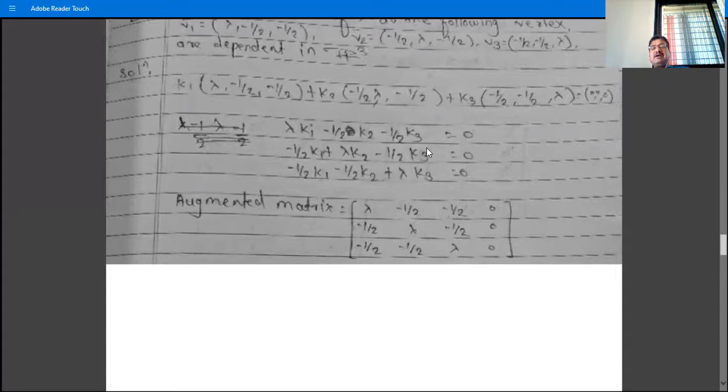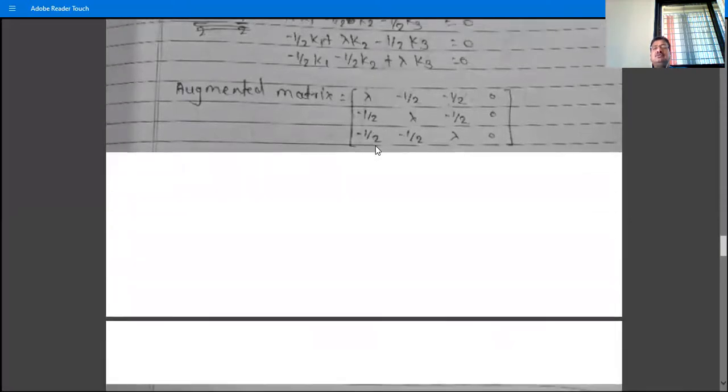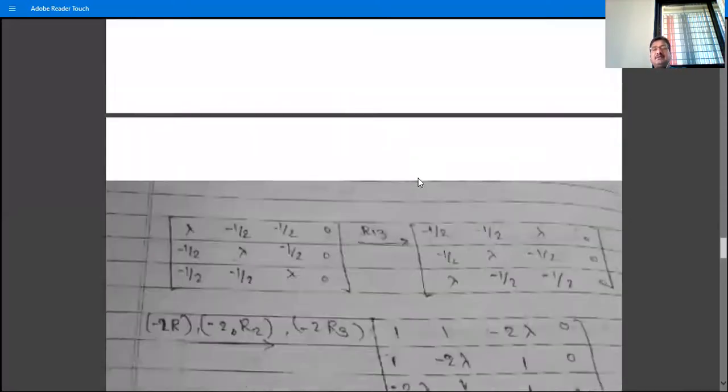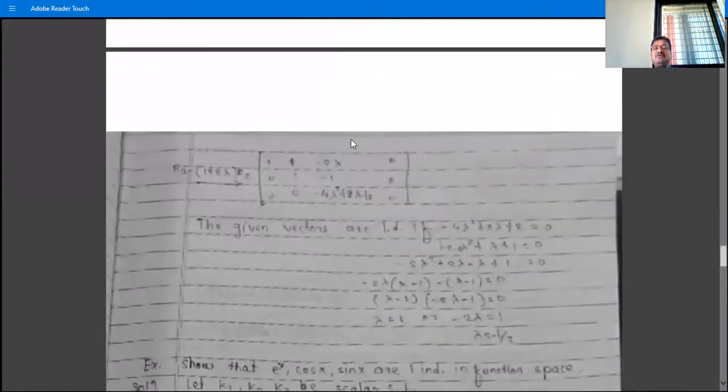Non-trivial solution means K1, K2, K3 are not all equal to 0. That happens if the rank of A and rank of AB are equal to 2 or 1.